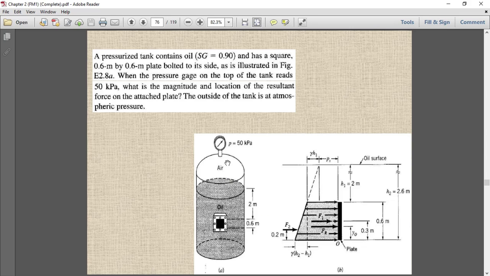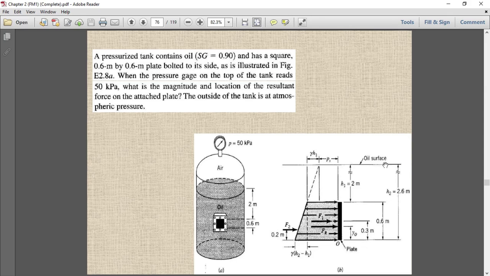Whatever atmospheric pressure is acting here, the same pressure is acting here, so they are going to cancel each other. Now we are making a pressure distribution profile acting on the flat surface. We are considering this bolted plate as a flat surface, and consider this is the oil surface.